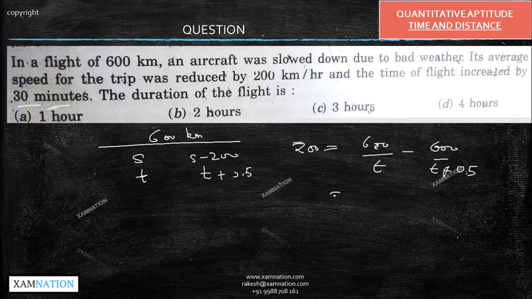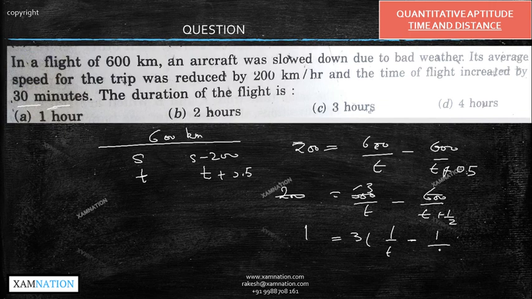So it becomes 200 equals 600 upon t minus 600 upon t plus 1 by 2, and if I divide, it is like 1 equals 3 times (1 by t minus 2 upon 2t plus 1).